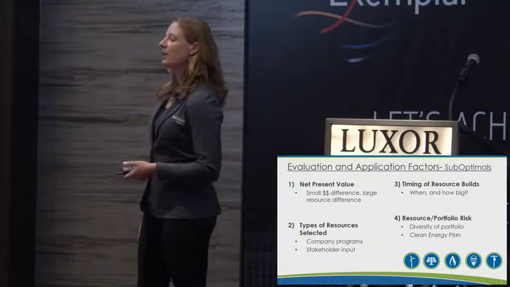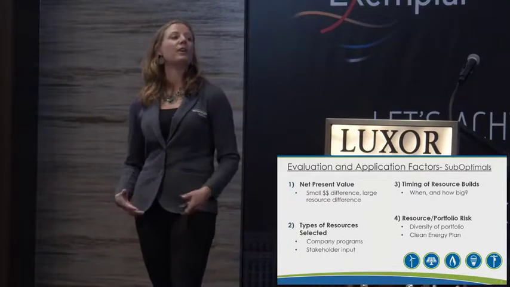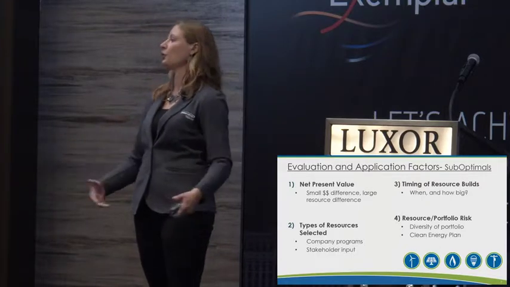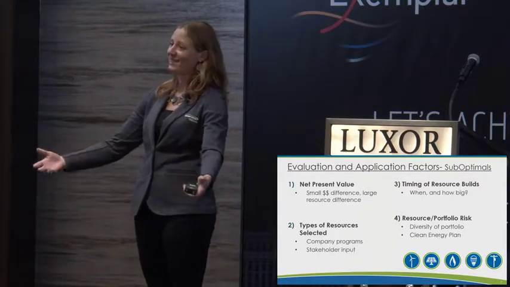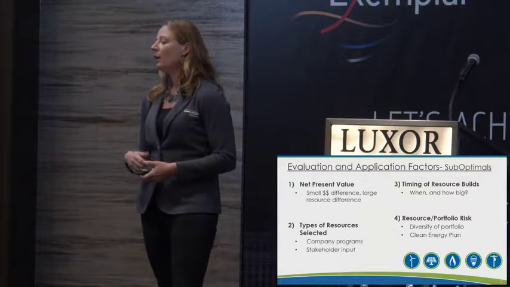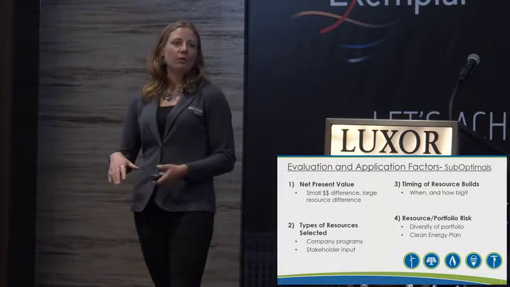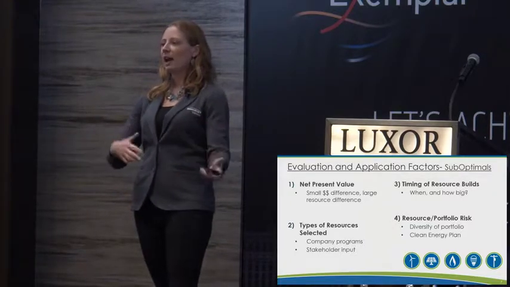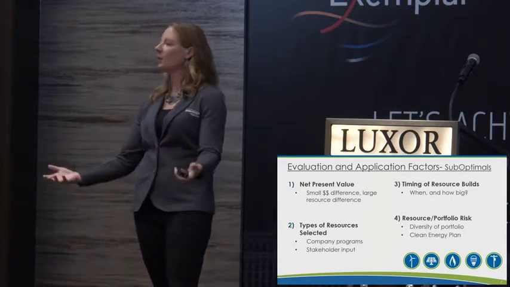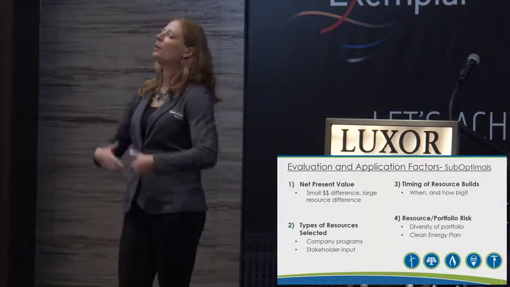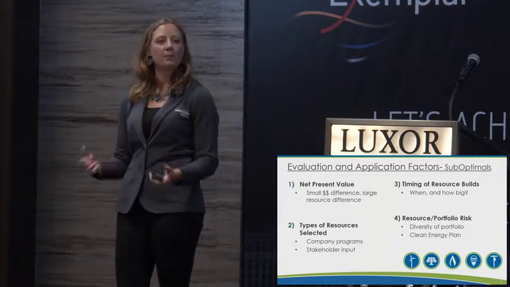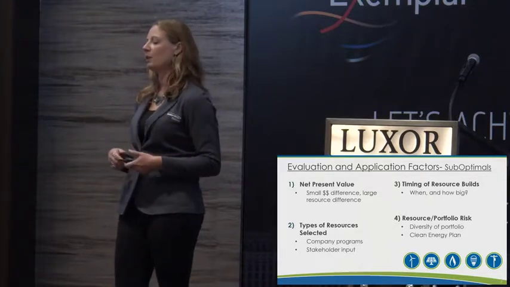So some of the application factors we applied when we were looking at, again, 500 plans for 224 different cases in our IRP. One was the net present value. So again, net present value, net of value and cost. There's going to be some level of cost to portfolio for putting together these optimized plans over the course of your study period.